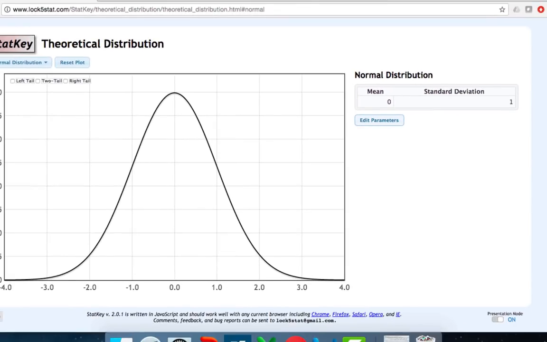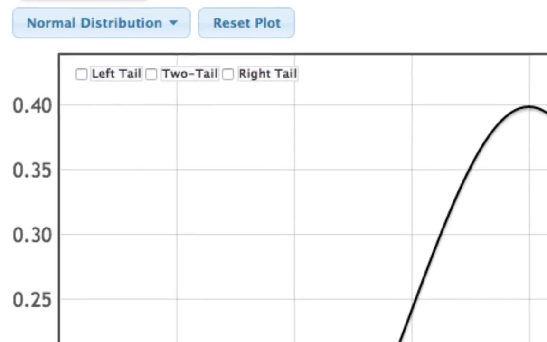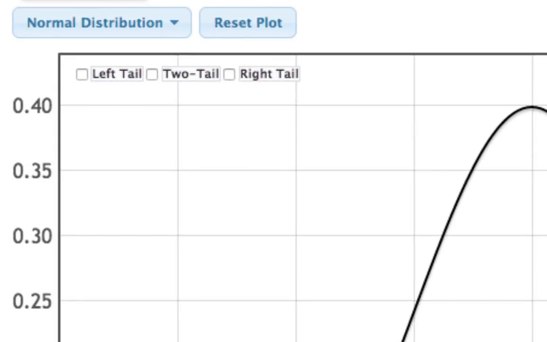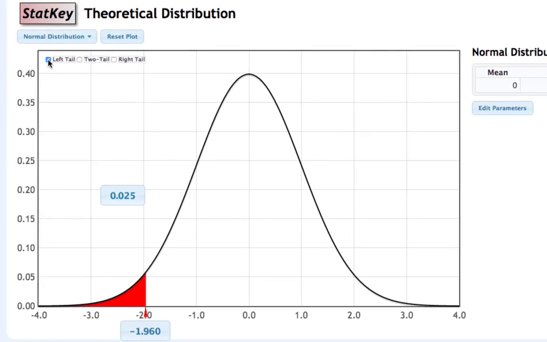At the upper left of this distribution, we have the options for left tail, two tail, and right tail. We'll start with a left tail example, just like we did in Minitab Express. Now the default in StatKey is always to give you 5% in the tails, which is evenly distributed with 2.5 on each side.